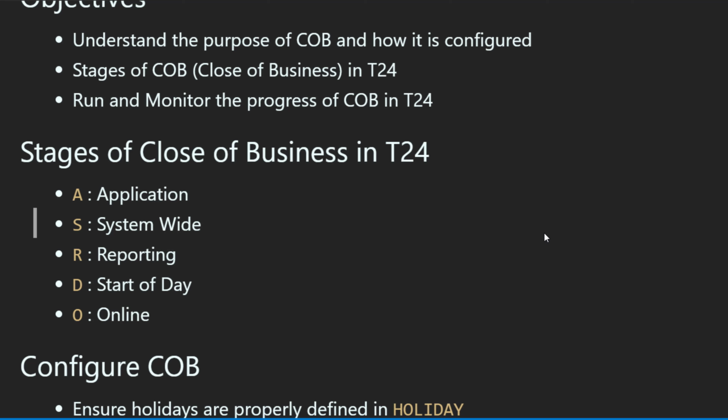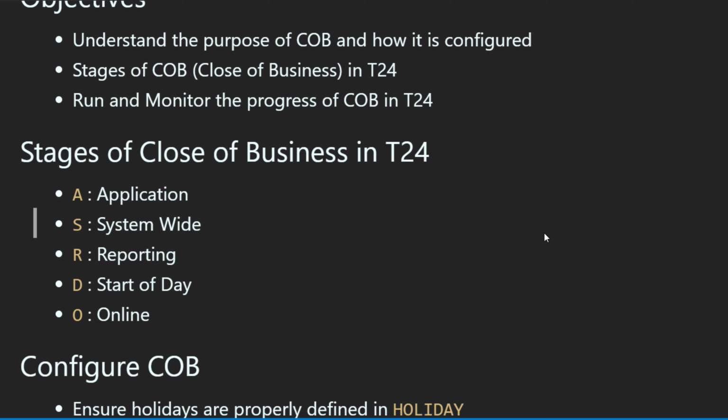Once this stage is completed, the system moves to system-wide. In system-wide, the system will execute all the jobs which are common to T24, things like calculation and the posting of interest.